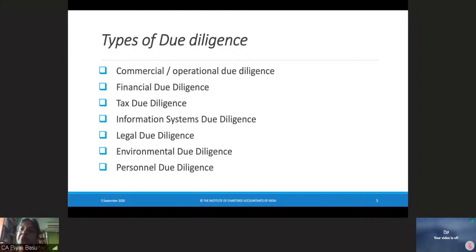If it is not being reimbursed by the customer, how much is actually borne by the company? So that way one has to see. All right. So major heads of expenditure, and then you get into the detailed review.